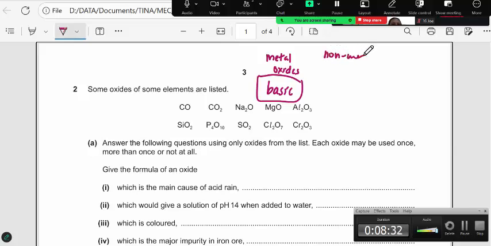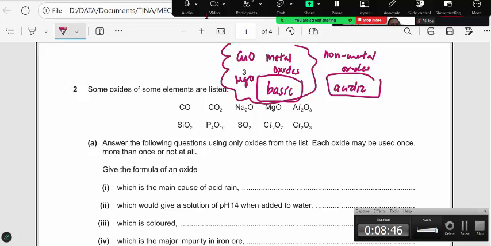Non-metal oxides are acidic. Can you remember? Metal oxides that are basic are like copper oxide and magnesium oxide. Non-metal oxides that are acidic are like sulfur dioxide, nitrogen dioxide, and so on.